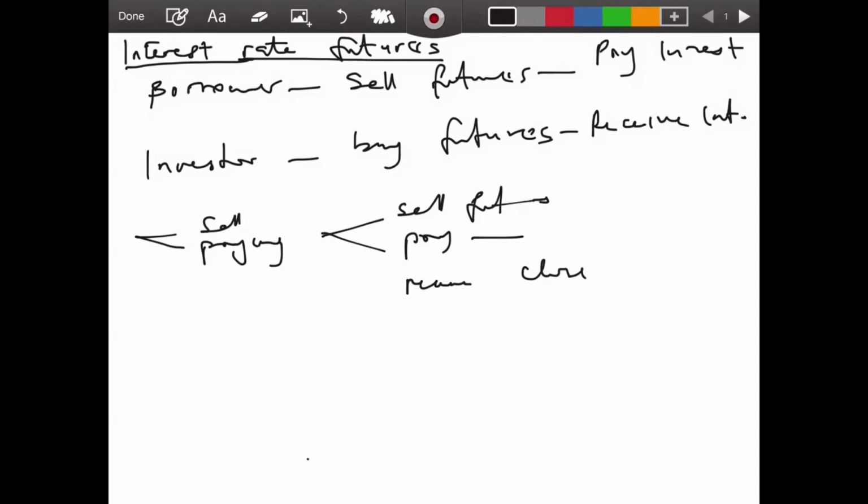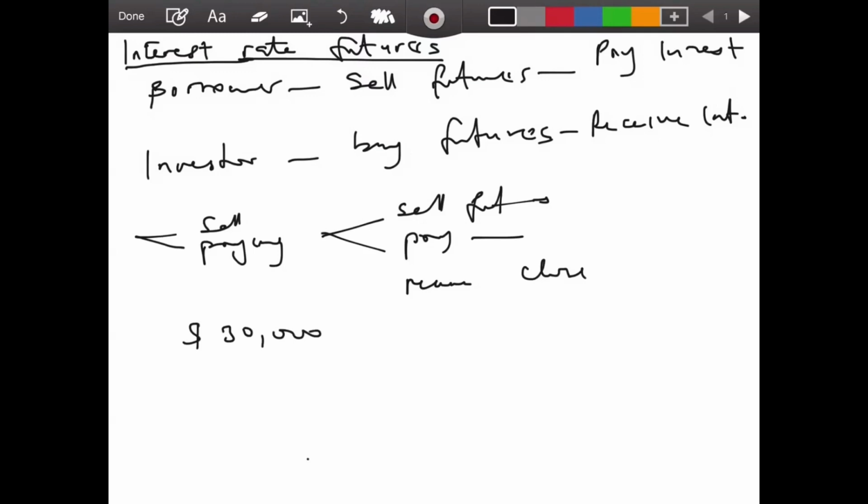Now, how is the interest rate quoted when it comes to the future contracts? Let's assume that company ABC wants to borrow $30,000 by December 24th.